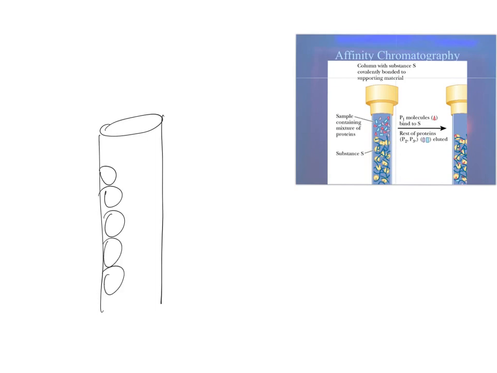Affinity chromatography is actually really simple. One of the more simple ones to think about is, once again, you have beads, but there's some type of chemical property on that bead that proteins will have an affinity for. If they like it, they're going to stay on the column. If they don't like it, they're going to go right on through.